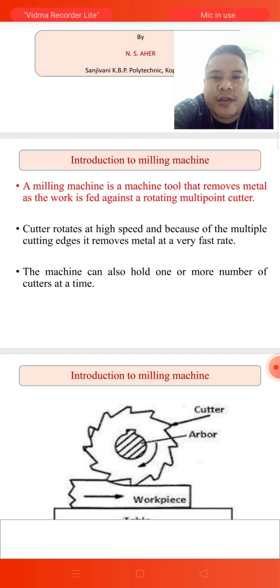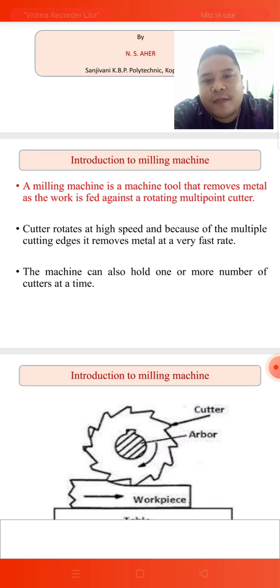Unlike in the milling machine, it is the opposite: instead of the workpiece rotating, the cutting tool rotates. Then the workpiece is stationary, mounted on the table of the milling machine, which moves along the X and Z axes.